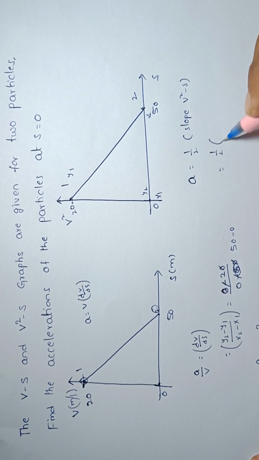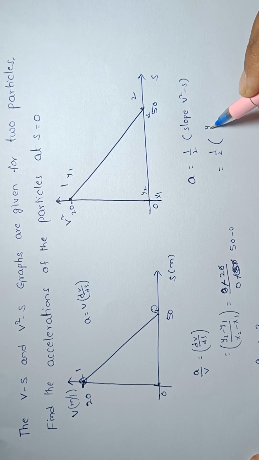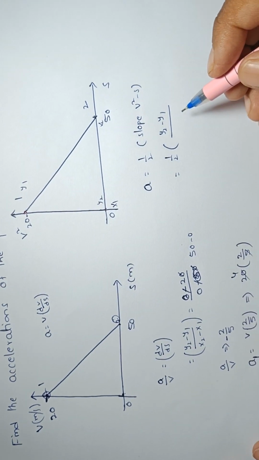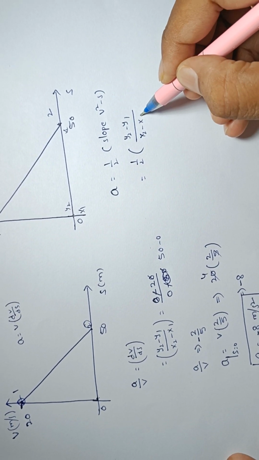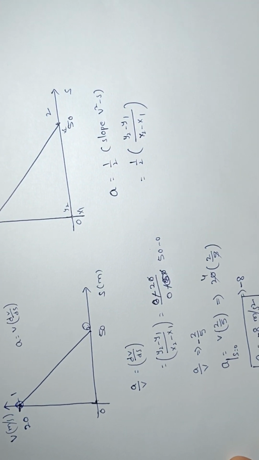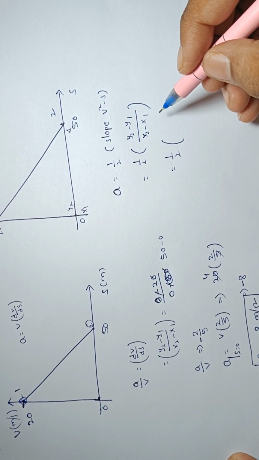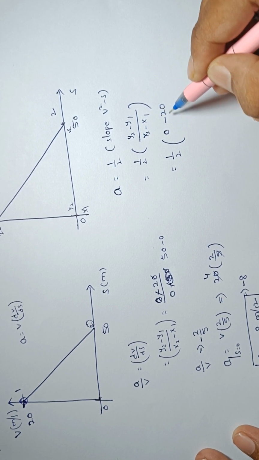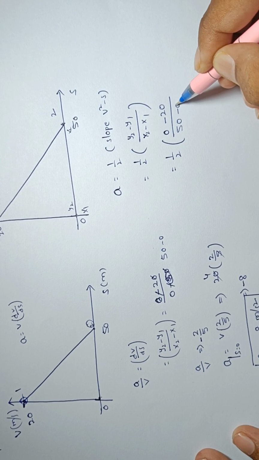Here, half into y2 minus y1 by x2 minus x1, right? y2 value is 0, y1 value is 20, x2 value is 50, x1 value is 0.